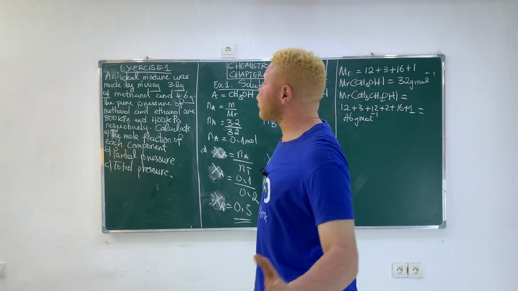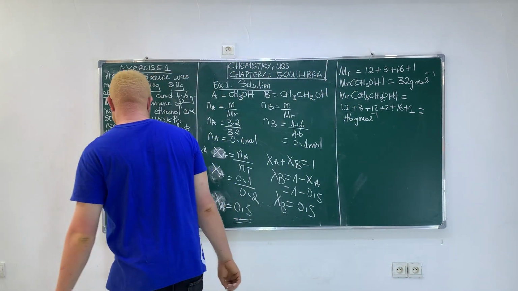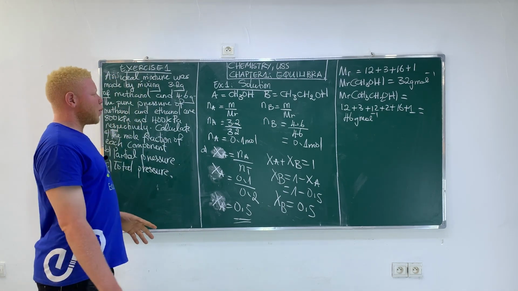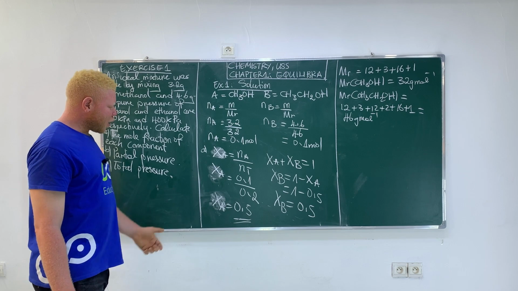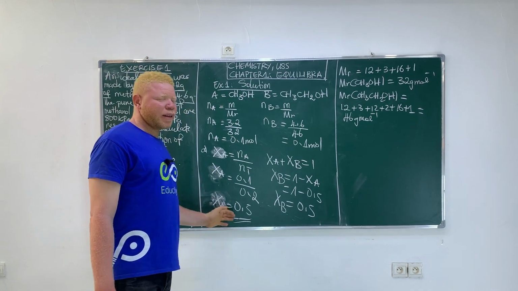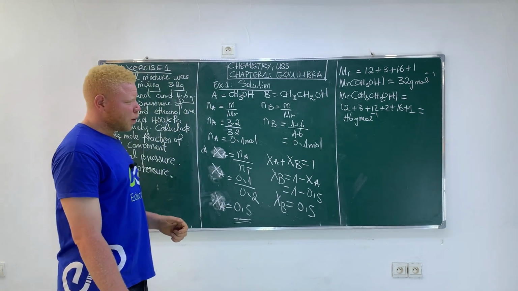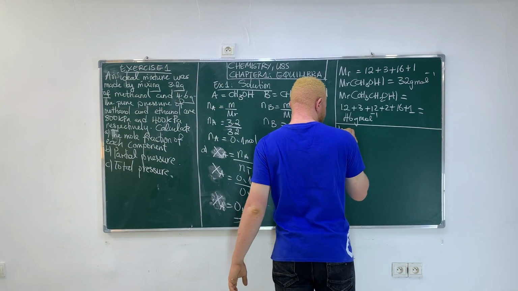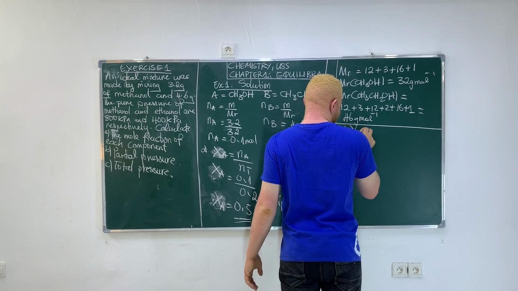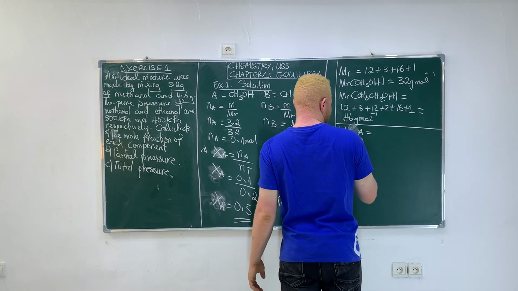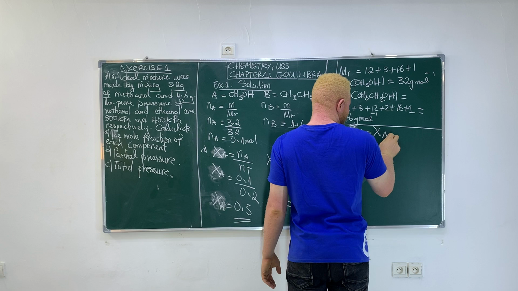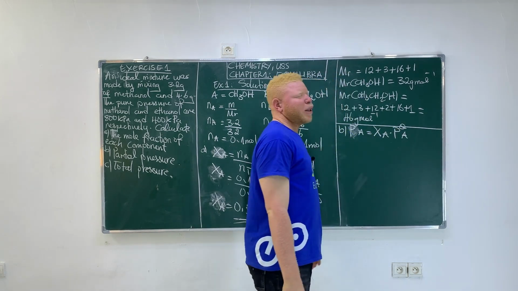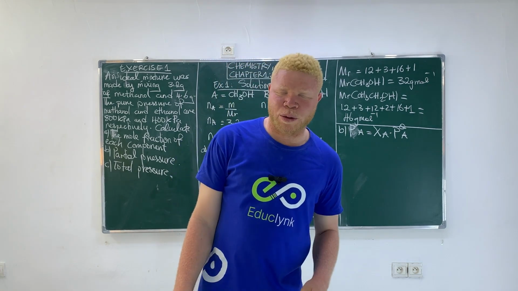The second part is telling us to calculate the partial pressure. The partial pressure is simply the mole fraction times the pure pressure. So let's go to B. PA is XA times P theta of A. P theta here stands for the pure pressure.